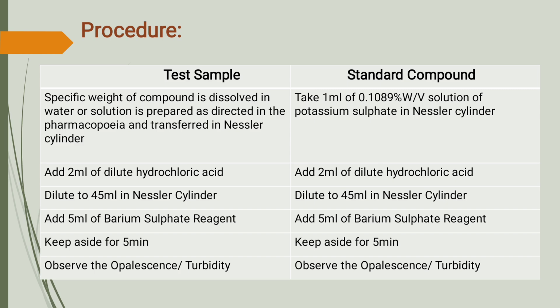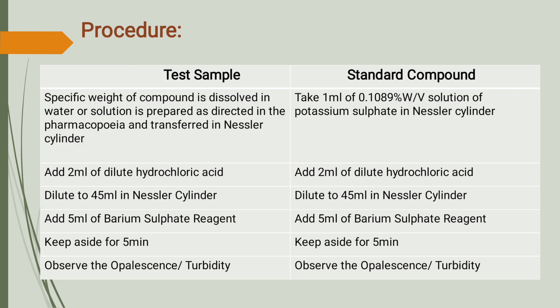In the standard compound, take 1 ml of 0.1089% weight by volume solution of potassium sulfate in a Nessler cylinder. The standard compound has a permissible impurity which is permitted by the Indian Pharmacopoeia, and the test sample is the sample where we have to perform our limit test for sulfate.